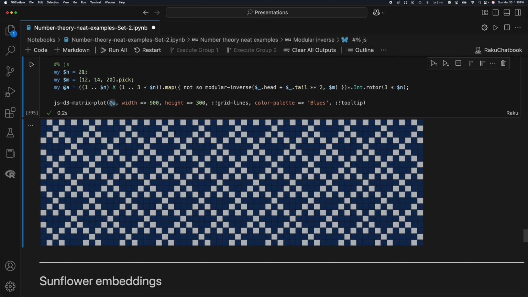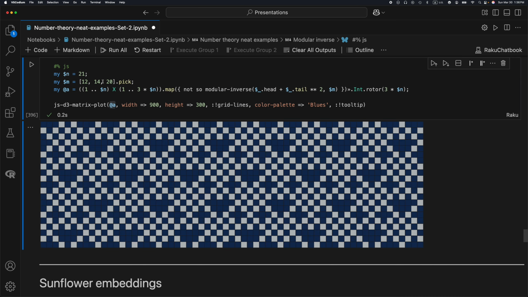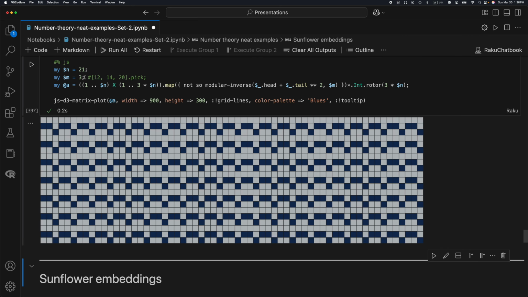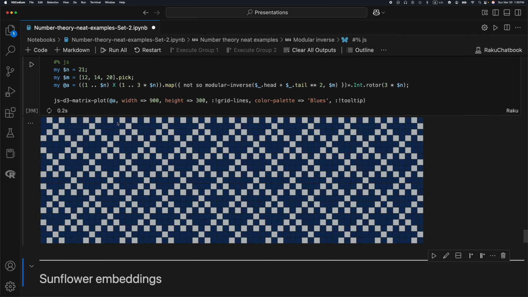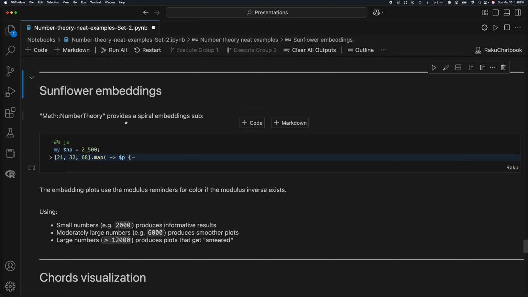I have picked the size of this rectangle, and then I'm applying some formula with the modular inverse, trying to see: does the modular inverse exist for the picked prime? All right, so pretty simple. If I use some other number, say if I use a prime, this might be quite boring in a sense, right? So less interesting, and that's why these numbers are being selected. Next, I'm going to discuss sunflower embeddings.